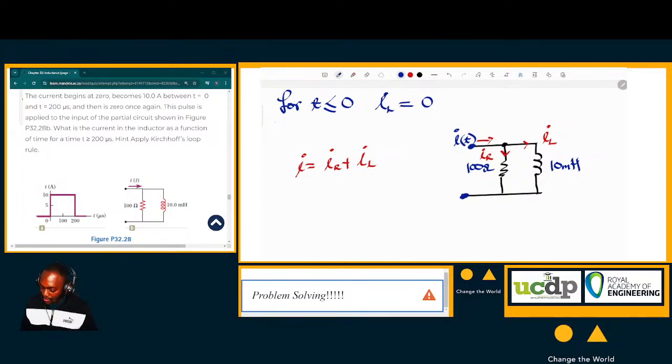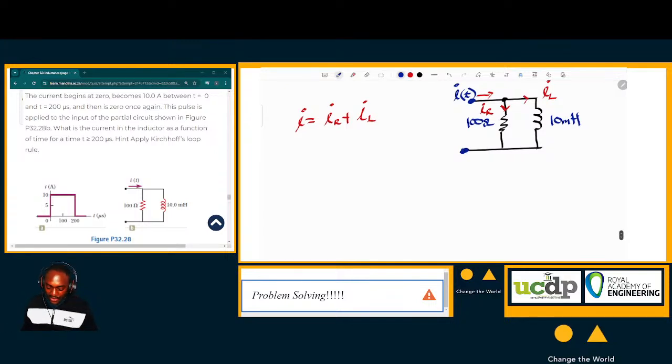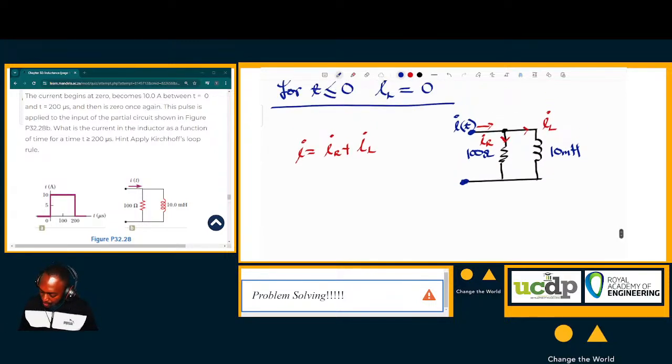So we are not concerned about t less than or equal to 0, which means we will start our analysis for t greater than or equal to 0 and less than or equal to 200 microseconds.